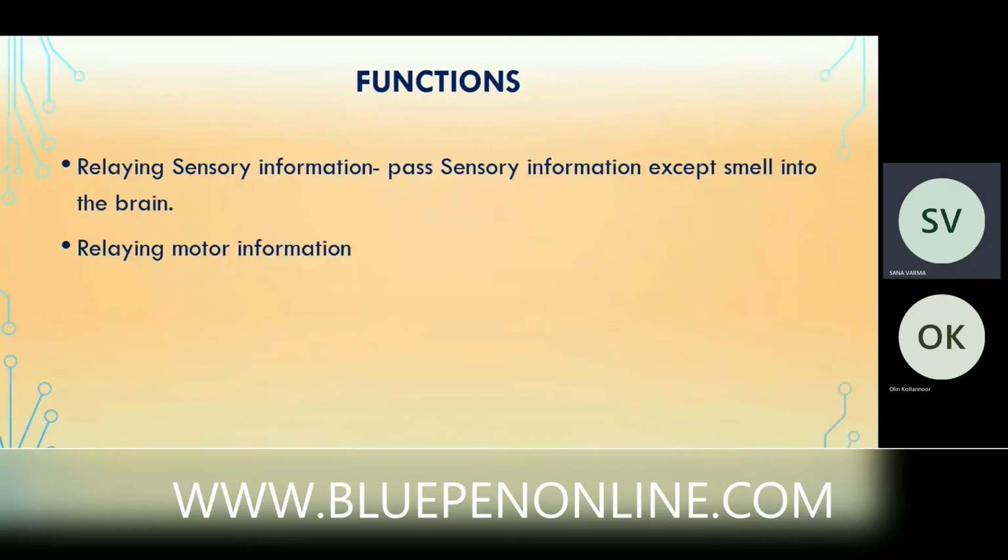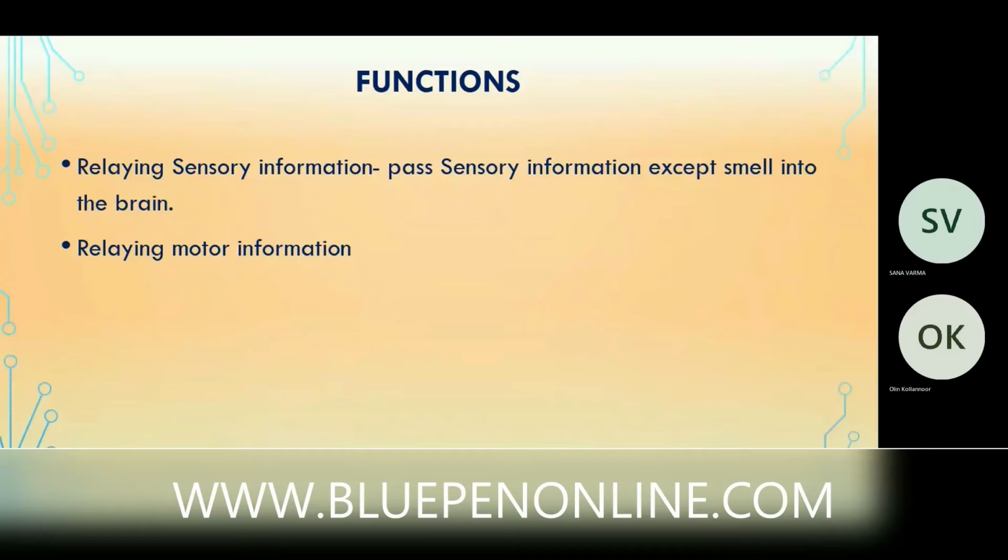From there, it will again pass to the thalamus, and from there back to the cerebral cortex. That's what we saw in that circuit. So almost all motor information will pass through the thalamus. It will be processed and then transmitted back to the cerebral cortex, from where the cerebral cortex will decide through which pathway the information should be sent to the muscles.